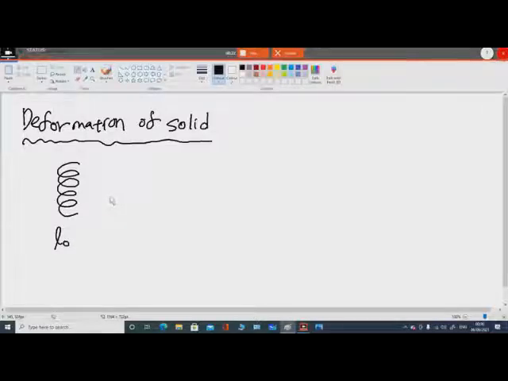If I apply a small force, we know that the spring will extend. This is the extension, X.